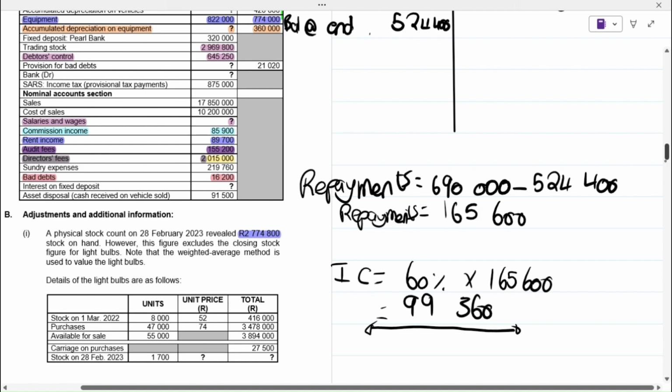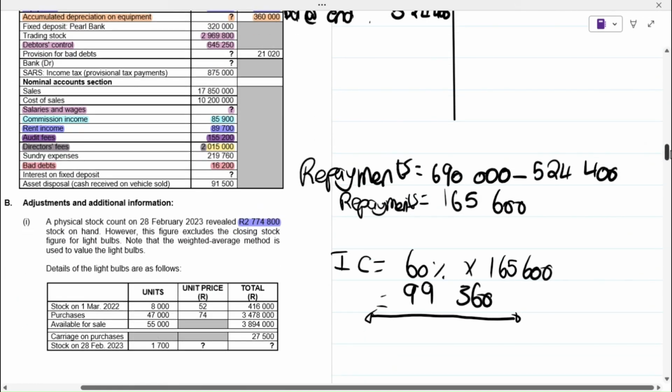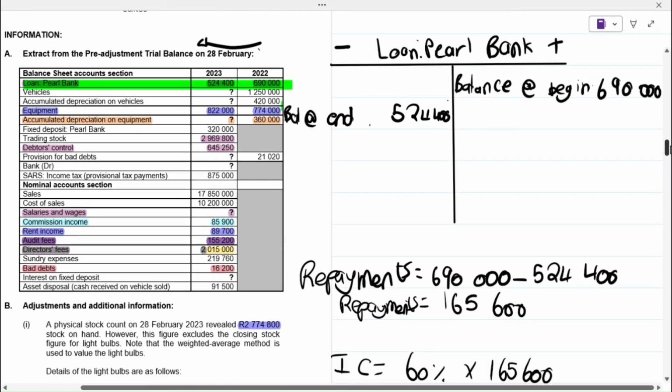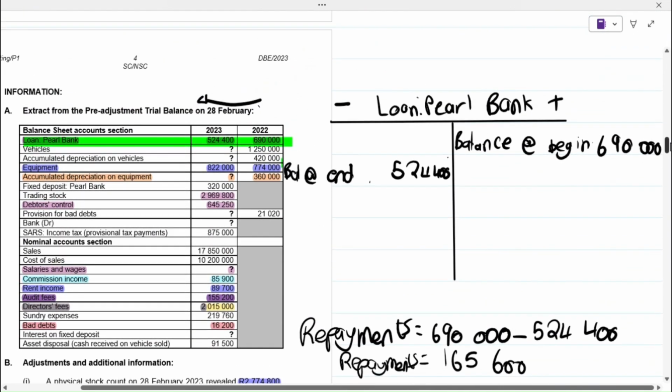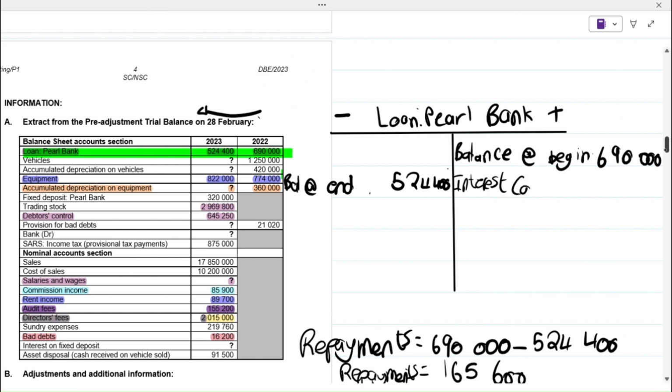Interest capitalized increases your loan, right? So we are just going to put it on the credit side and say interest capitalized.